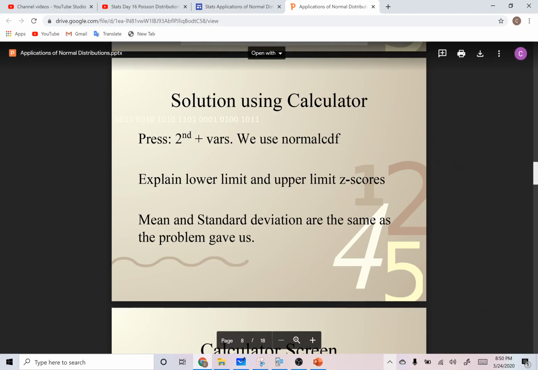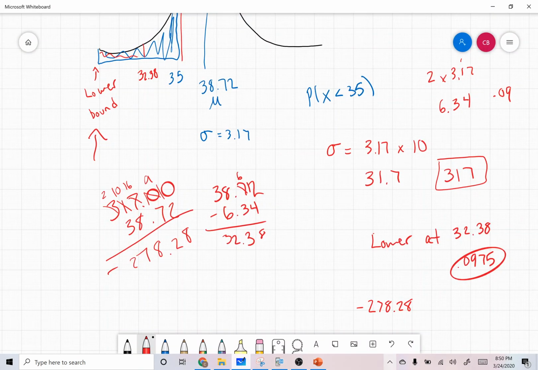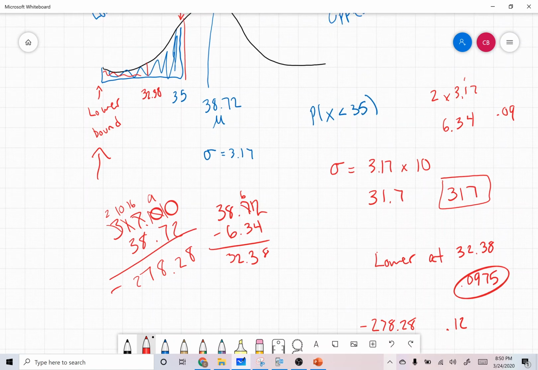And what happened? The first time I did this, I did not get all of the data. I only got up to 2 standard deviations. I missed this part of the data, which was only 3%, but it's still enough to change the probability. So you need to pick your lower boundary far enough to the left that it gets all of the values.